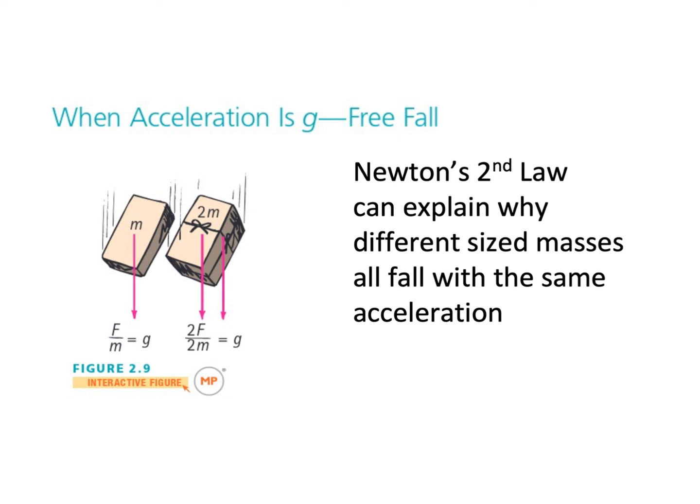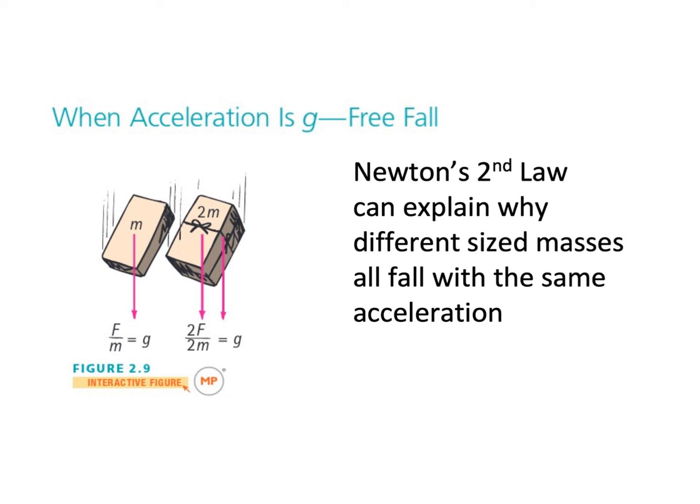Now, previously, we talked a lot about falling objects, and we made the point that all objects, regardless of their mass, fall with an acceleration of about 10 meters per second every second, 10 meters per second squared. Aristotle said that heavier objects would fall faster than lighter objects, but experiment proves that that's not true. So, how can we explain our experimental results that all objects accelerate the same amount?